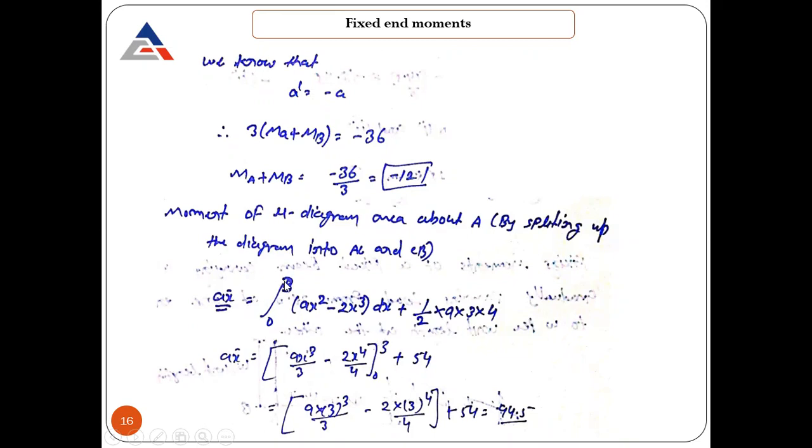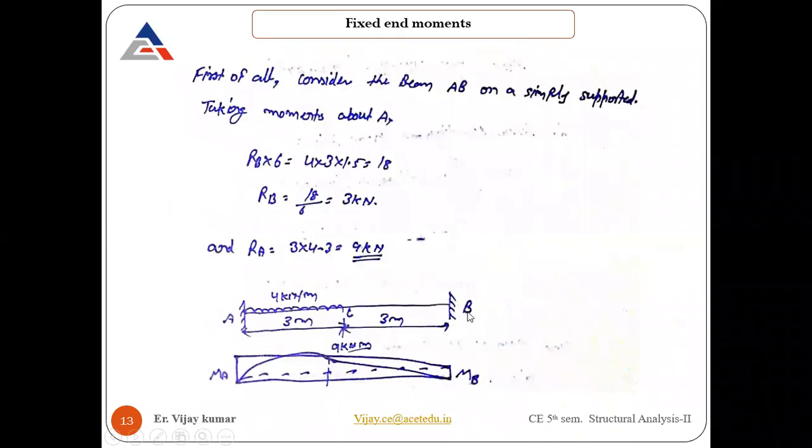For the first segment 0 to 3, the area was 9x minus 2x square, multiplied by x, it will be 9x square minus 2x cube dx, plus half into 9 into 3, the triangle area.